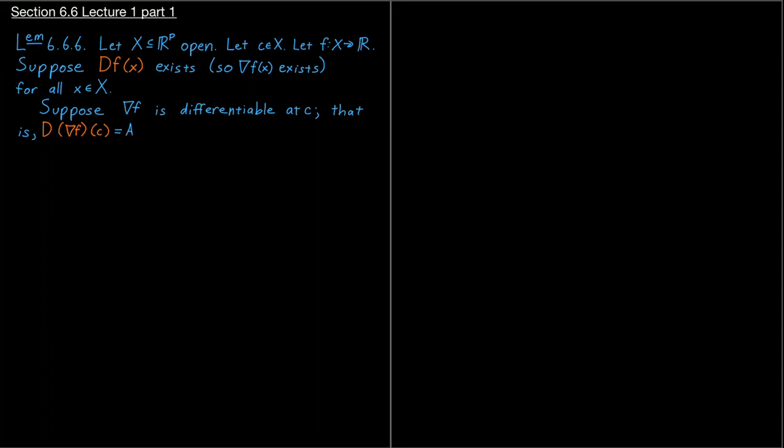So let's name that A. That thing exists. And then there's a conclusion that looks an awful lot like the formula for derivatives.